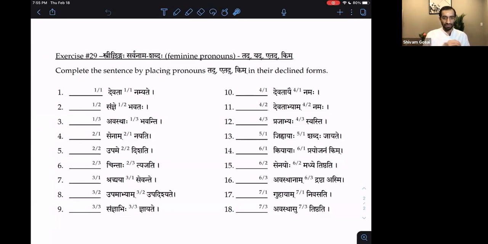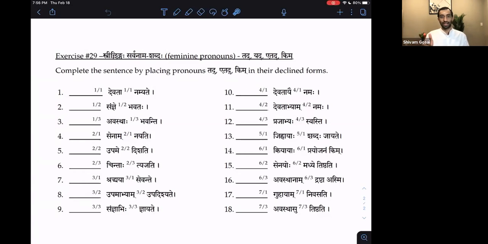Okay, number 5. We look at number 5. Upame dishyati. Okay, so dish dhatu, if I'm correct, it means to teach, right? Dish 1p, to teach.